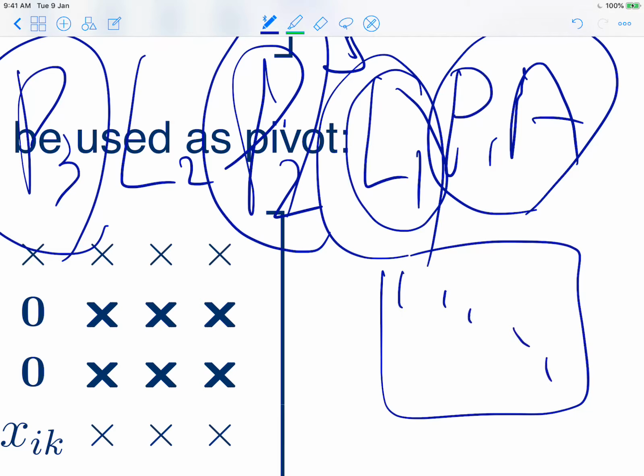So 1, 1, 1, 1, and from here we just interchange by applying P2 and P3 and all the rest of our P's or the row permutations to our L1, right? So this is our final L1 prime. Any questions?